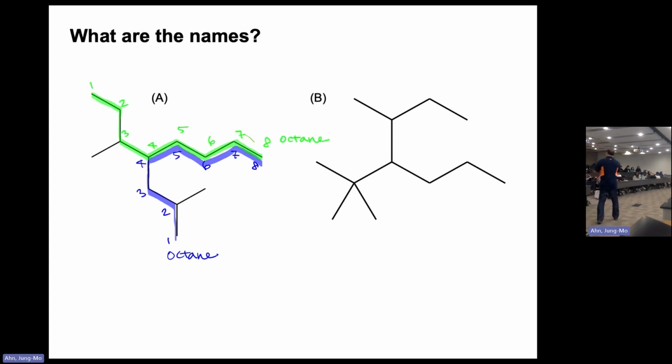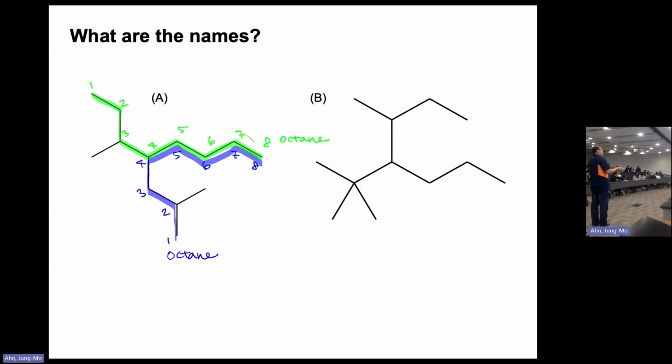So this is the point I was trying to make. You cannot figure out which one we should use based on rule number 1. Then we're going to break the tie using rule number 2. What is rule number 2? Numbering the carbon chain, right? And then we should number them to get the first substituent as low a number as possible.